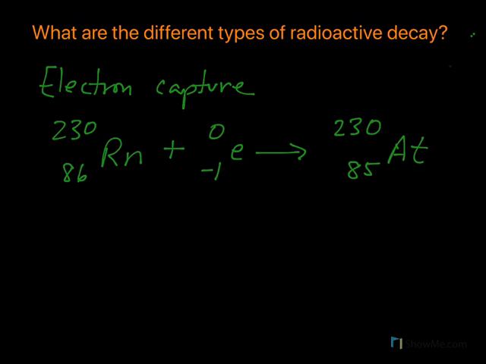Okay, let's do another example. Let's say we have nitrogen-16 that will capture an electron. What is the product? Our product is going to be carbon-16. Okay, so this is called an electron capture.